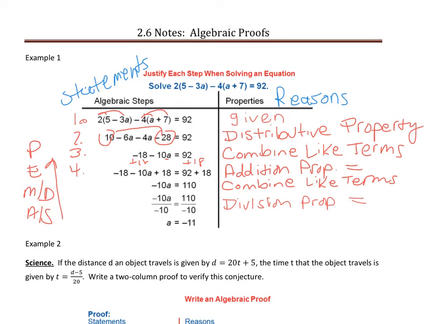I'm abbreviating here. And finally, what did we do? We took 110 divided by negative 10, and we basically just simplified. And that is our very first algebraic proof.